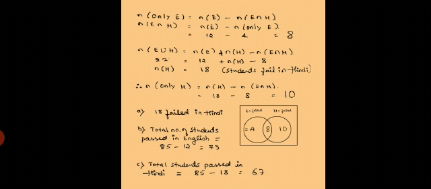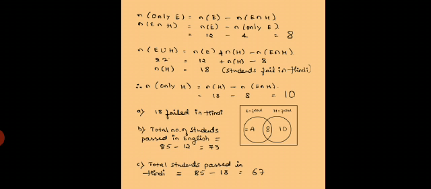Now interchange these two values. N of E intersection H will be equal to N of E, 12, minus N of only E, 4. So you get the number of students who failed both in English and Hindi as 8.